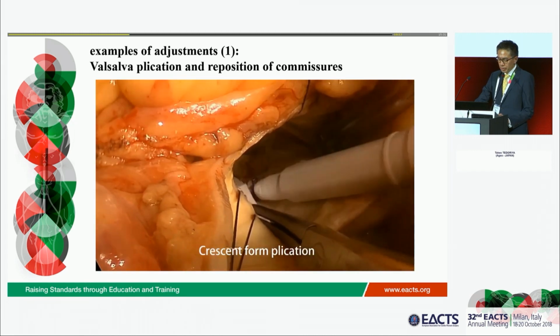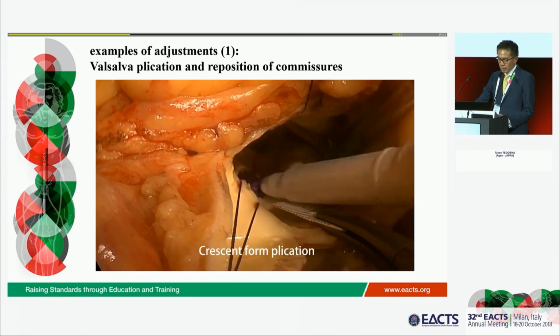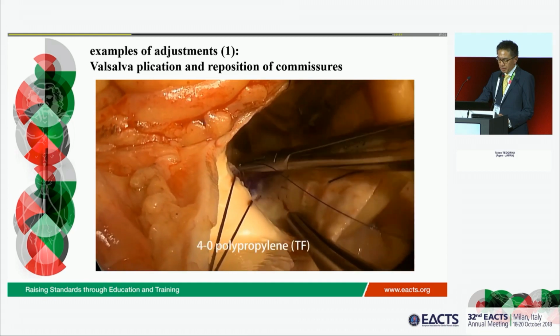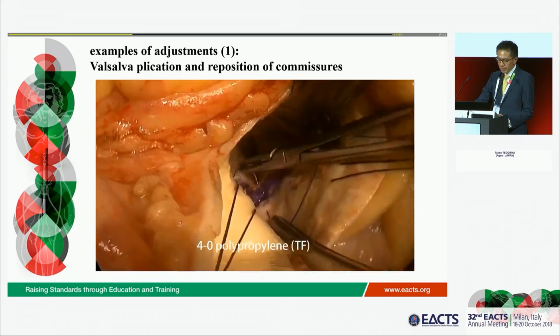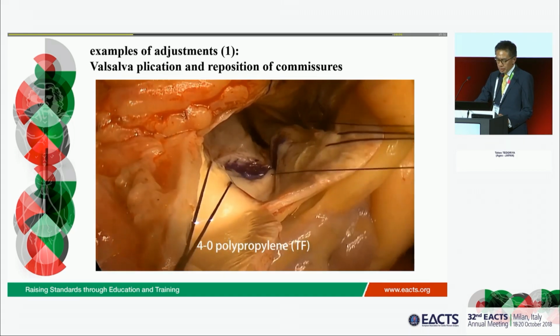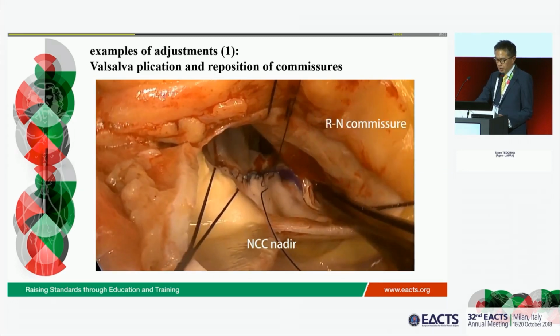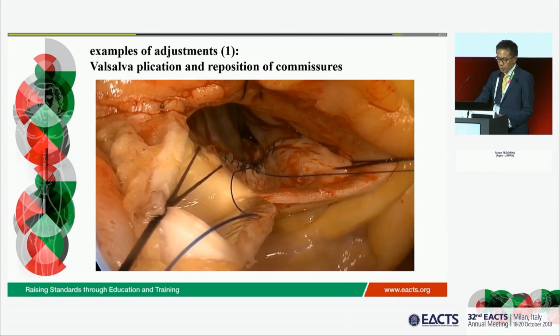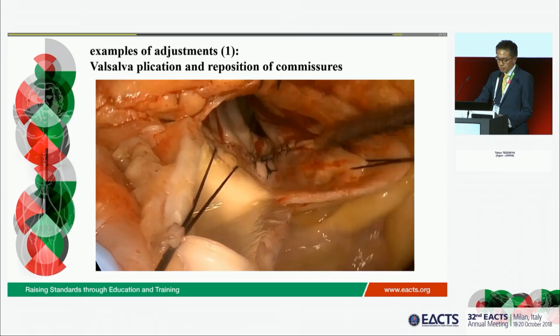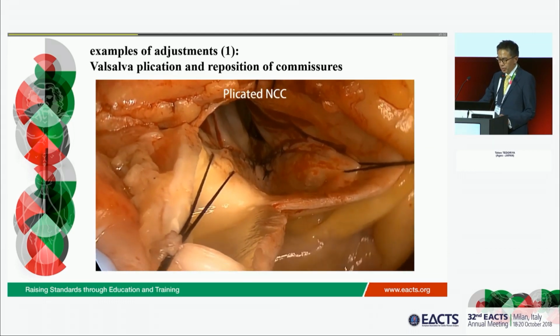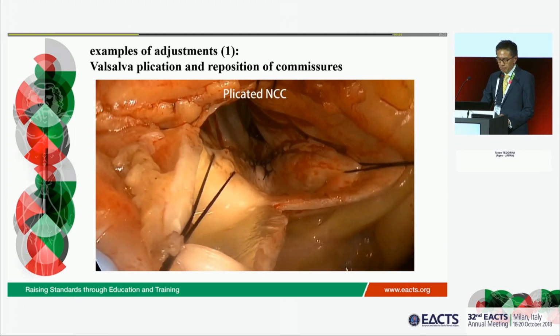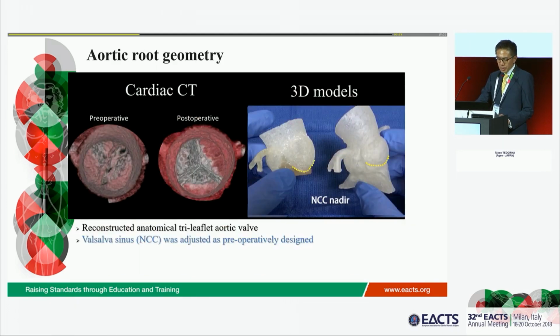So according to the information, we simply plicated Valsalva with 4-0 Prolene to adjust the nadir level for our leaflet procedure. After completion of nadir plication, just proceed to the leaflet attachment. So in this case, Valsalva sinus of non-coronary cusp was adjusted as preoperatively designed, like that.